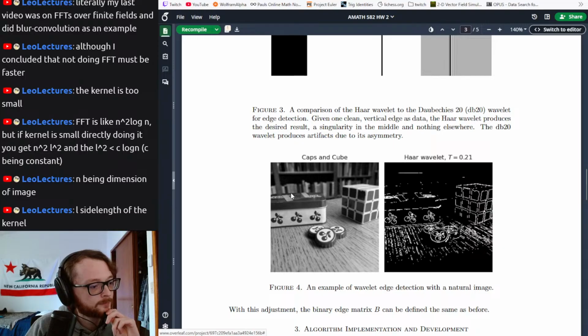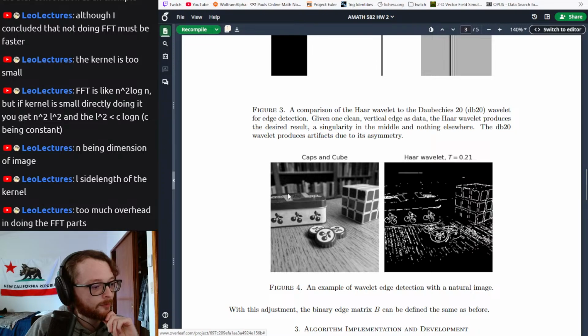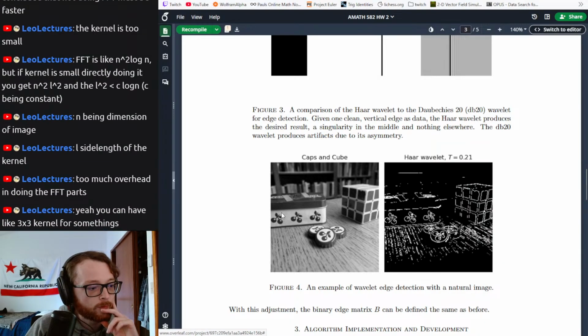And the kernel being small means you only need a few terms? Or a few coefficients? A 3 by 3 kernel? Okay.